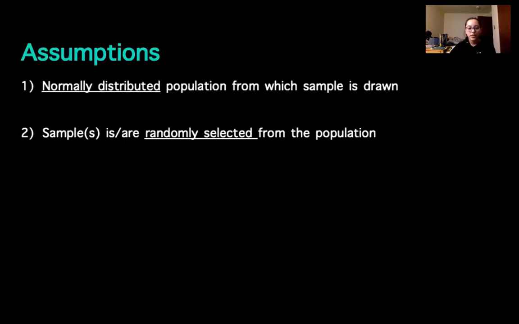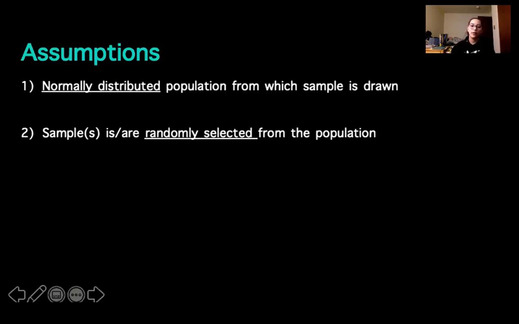Okay, the assumptions for our t-tests, we have our golden two that always have to exist for any statistical test, and that's that you have a normally distributed population, right, in terms of the dependent variable. So when we take the measurements for each of our groups and plot them in a distribution, we need that to be normal. We also need to make sure that our sample is randomly selected.